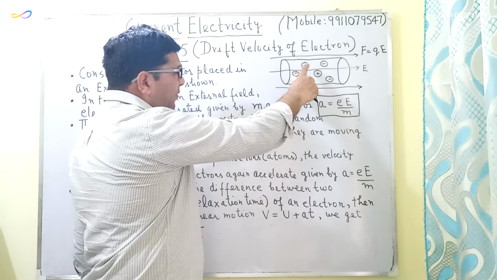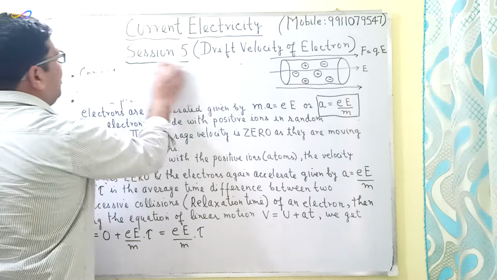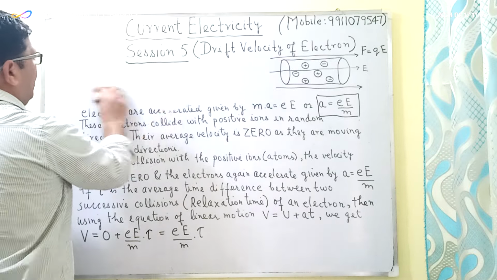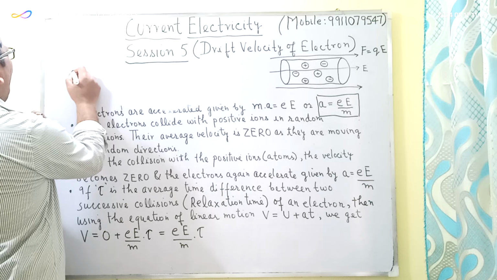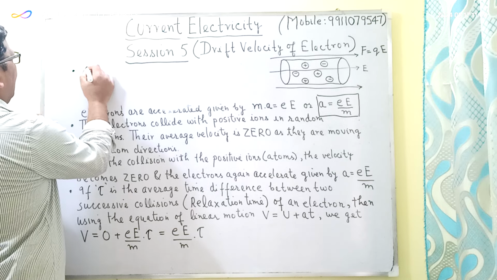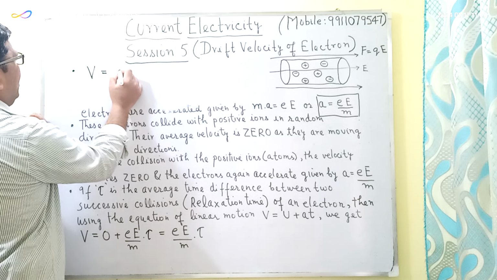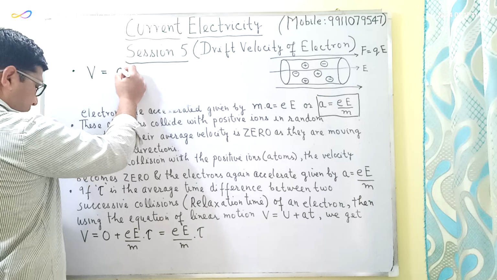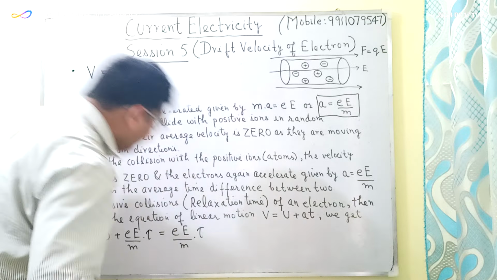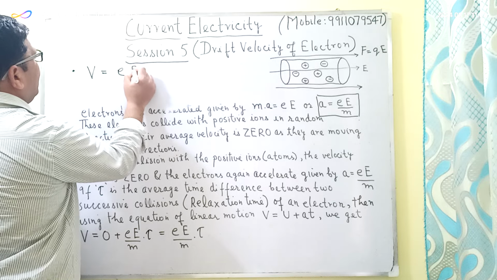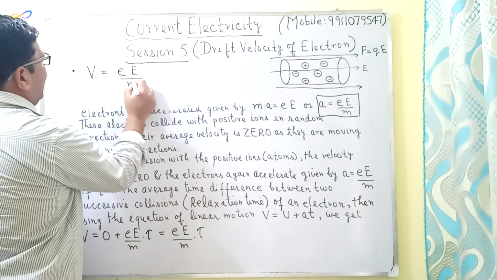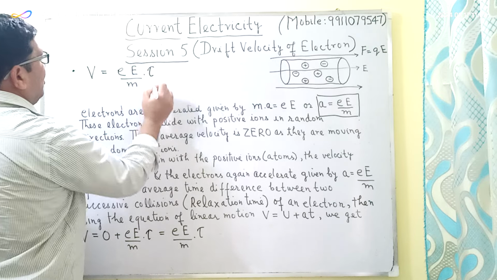So the average velocity of an electron is equal to eE/m into tau.